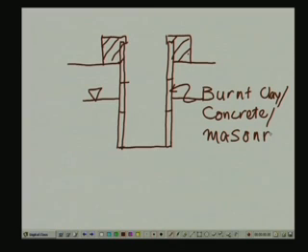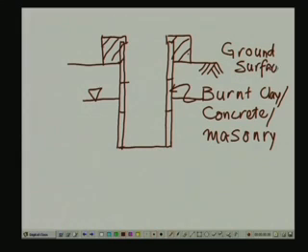That is also quite common across the country. Okay, so this is the typical cross section of a hand dug water well. All right, so let's move back.